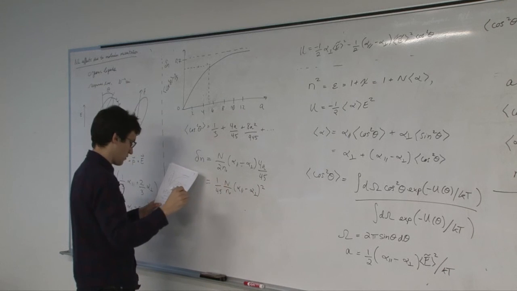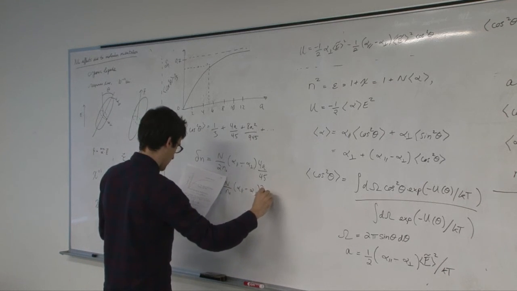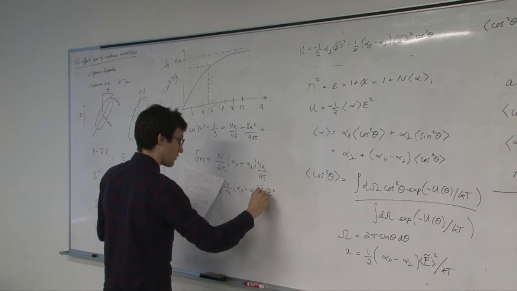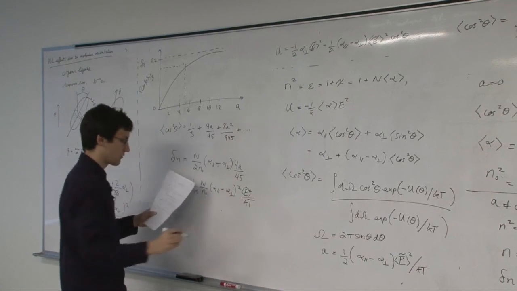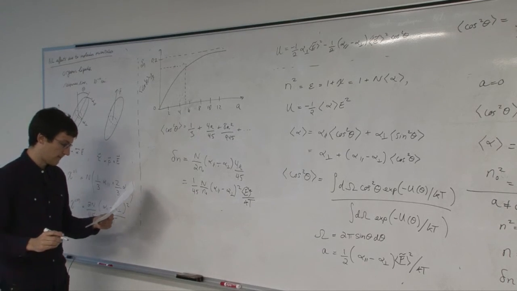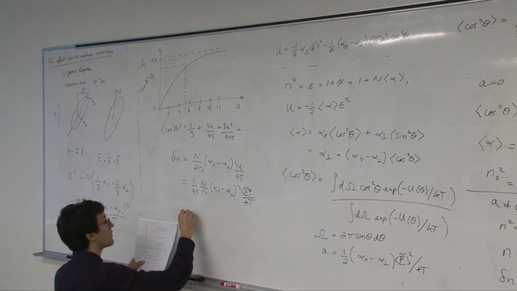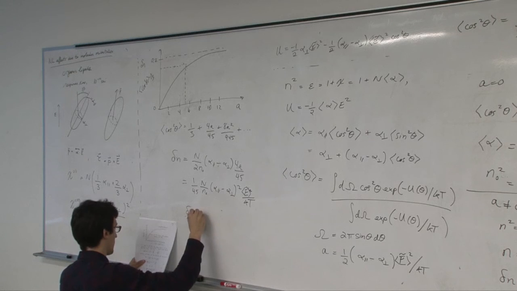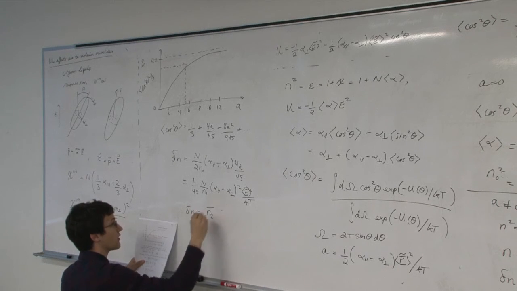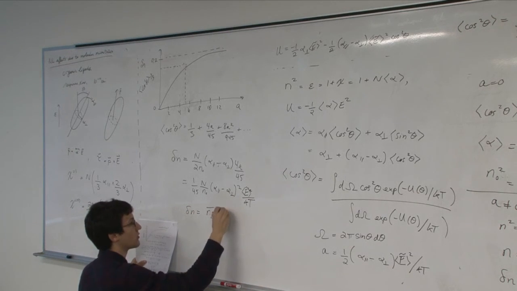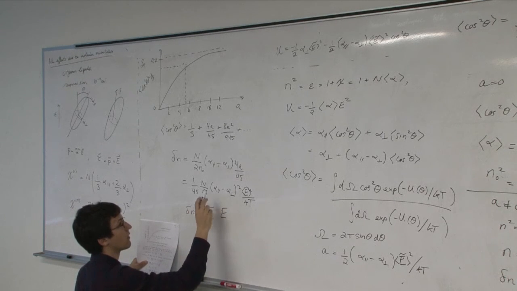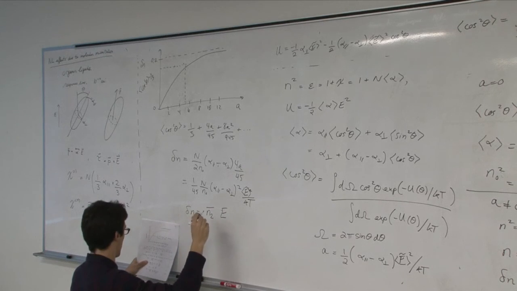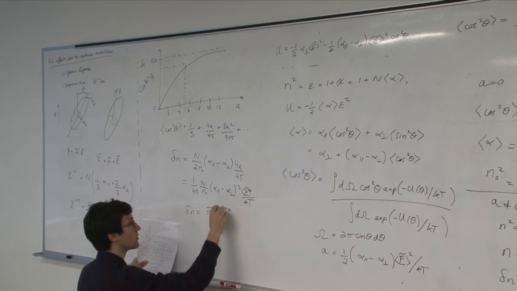This is E square divided by kT. Great. And so I find that I can define an n2 in terms of the polarizability of the molecule.